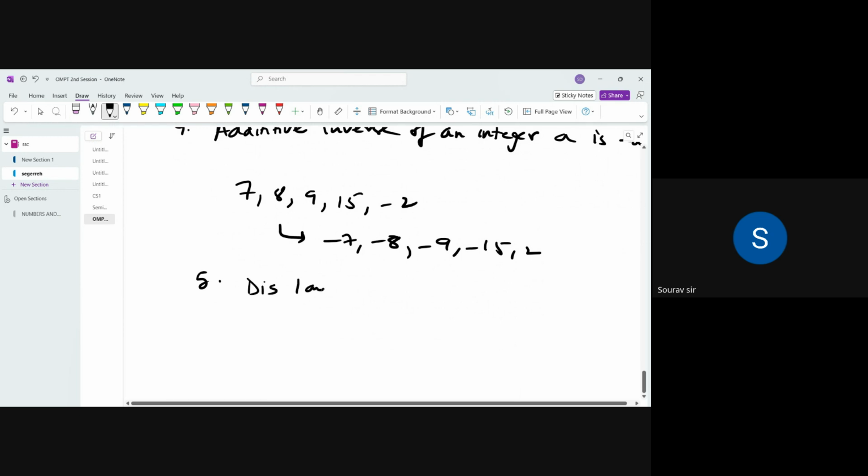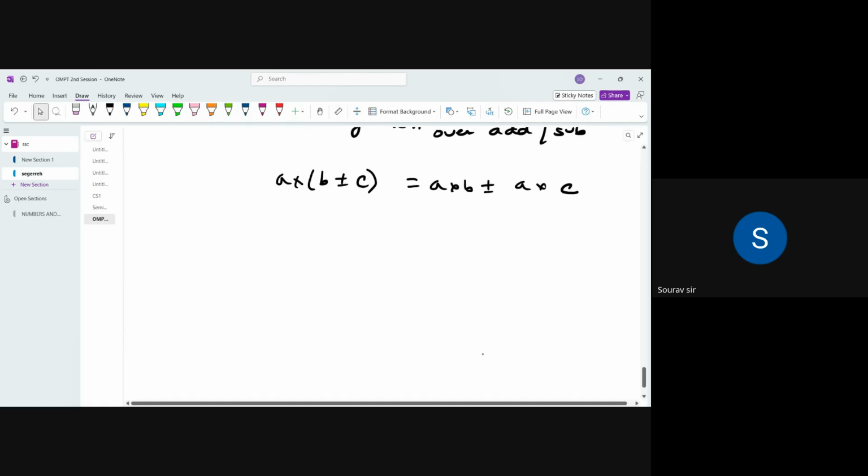Next, distributive law. Distributive law of multiplication is over addition or subtraction. Means a multiplied by b minus c will be a multiplied by b plus minus a multiplied by c. Now, these are the properties.